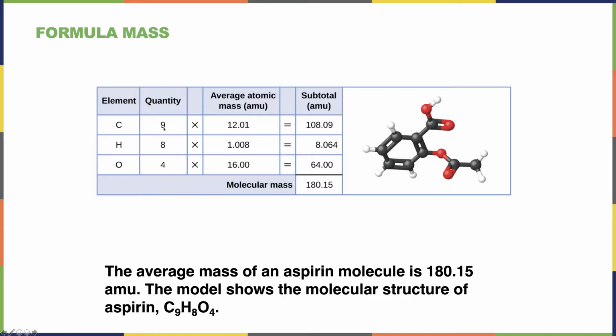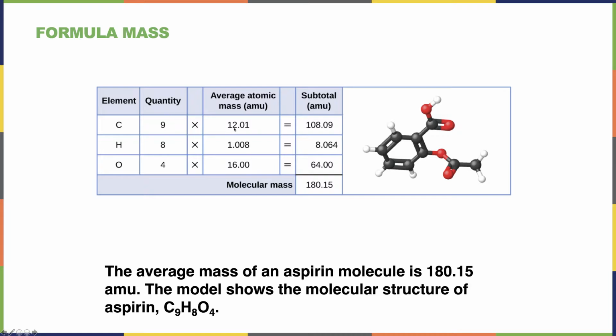From the periodic table, you know that 12.01 is the average atomic mass for carbon, 1.008 is the average atomic mass for hydrogen, and 16 is the average atomic mass for oxygen.